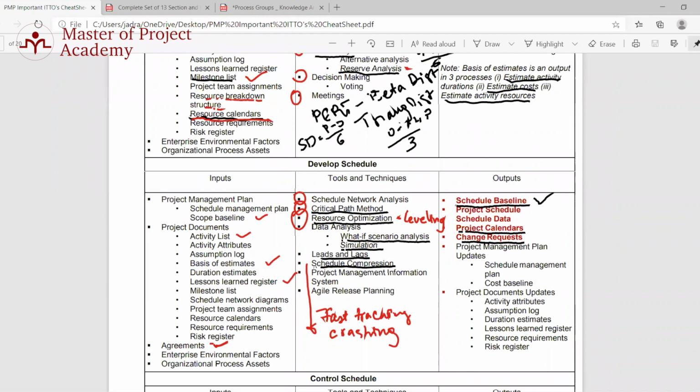We decide if we can do leveling or smoothing of our activities based on the activity resources, because when we do resource optimization, we need to look at the resource calendars. Based on the resource calendars, we determine which resources are available for our project. So that's both human resources and physical resources. Correct.